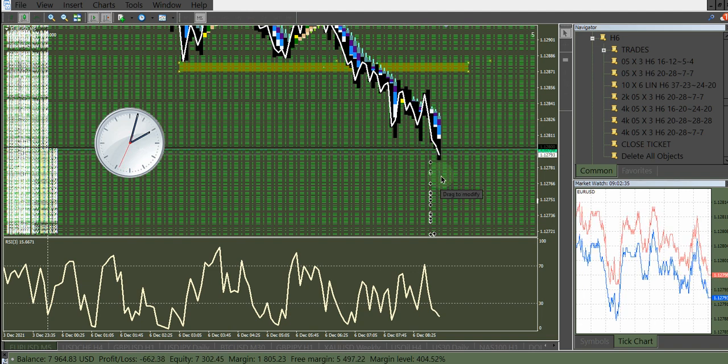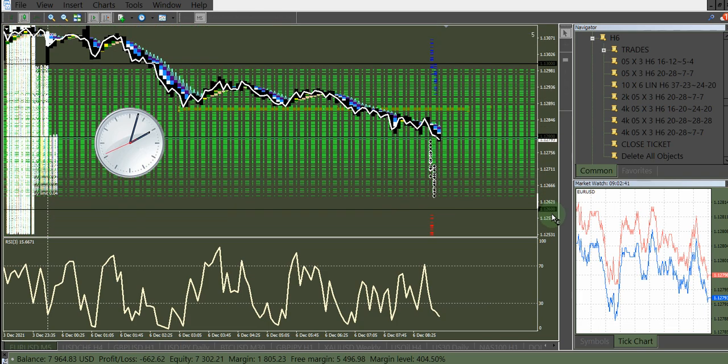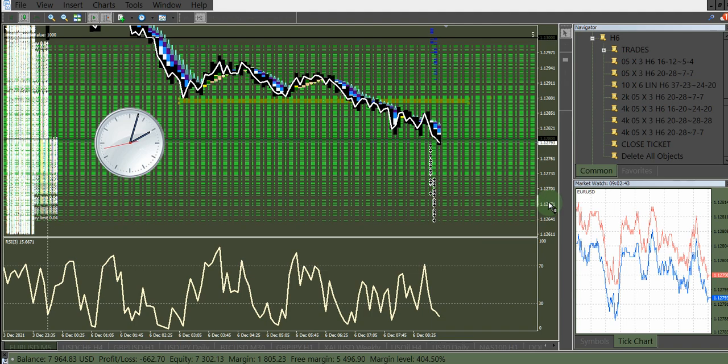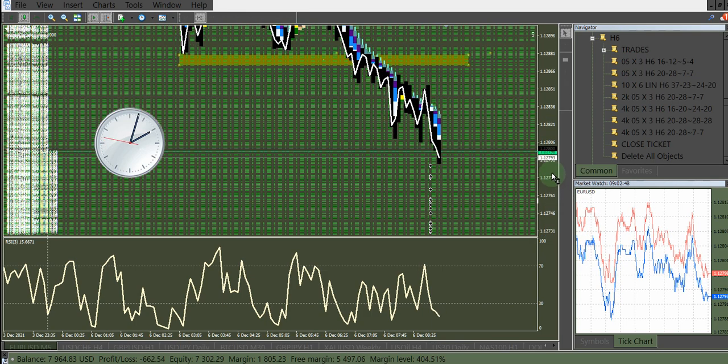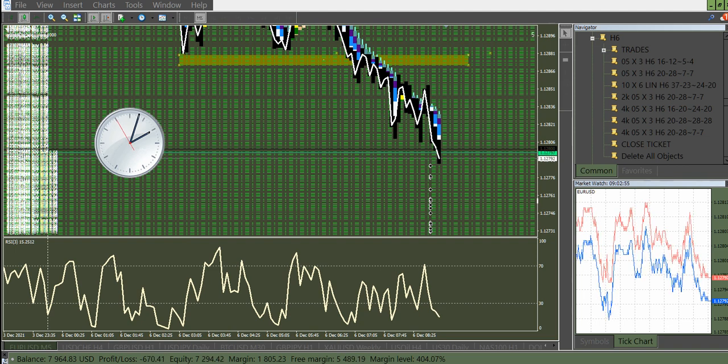Looks like we could drop some more now. Got another hour. We could still come down another 20 pips. Let's hope they do. And that's it. Just buy low. That's my only plan right now.